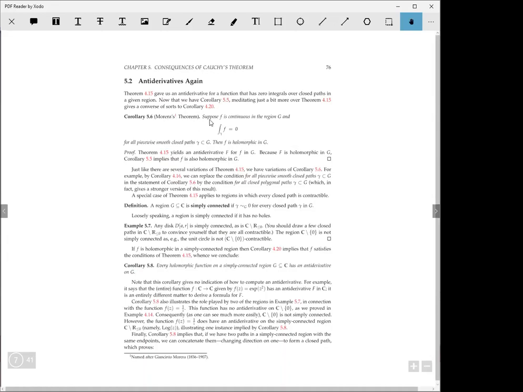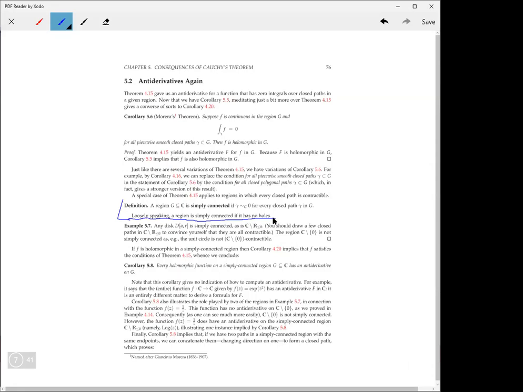Okay, so we have Morera's theorem. Suppose f is continuous and the integral is 0 for all closed paths, then f is holomorphic. The definition of simply connected is homotopic to 0, a very close path. Simply connected means it has no holes. An alternate definition of simply connected would be that the complement is connected.